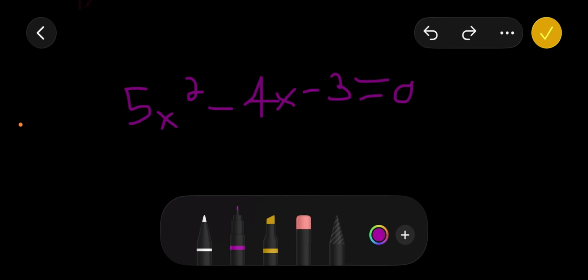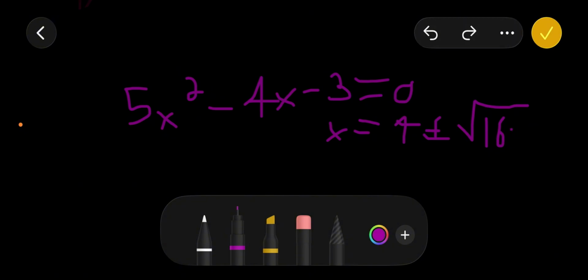So we have x equals negative b. b is negative 4, so x equals positive 4 plus or minus the square root of 4 squared, or 16, minus 4 times 5, or 20, times negative 3, or negative 60.